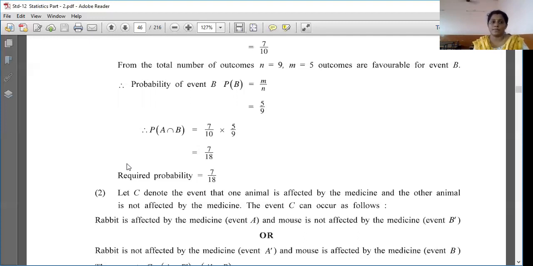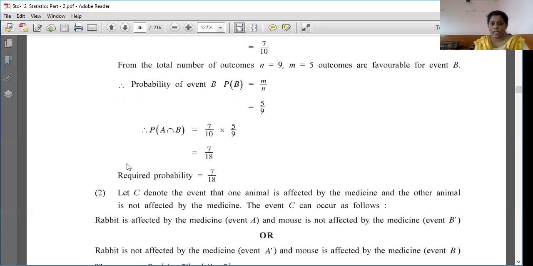If the mice are affected, then B, and if not affected, then B dash. Because we have taken the rabbit affected by medicine as A, we had already considered A. When not comes, it becomes A dash. Okay. So the condition is the rabbit is affected by medicine and the mice are not affected by medicine.